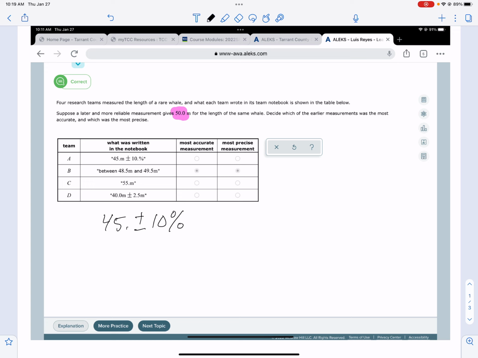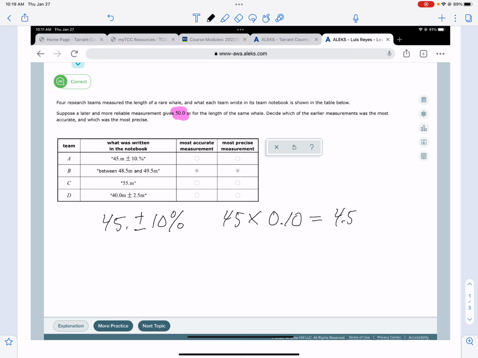Since this is a percentage, the first thing we have to see is which values are covered by this. So what we're going to do is 45 times 0.10, which is 10%. When we do that, 45 times 0.1 equals 4.5.